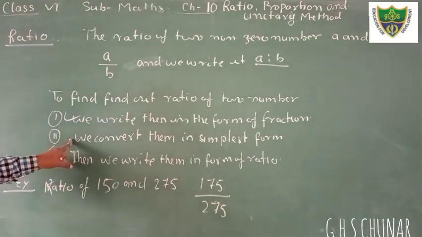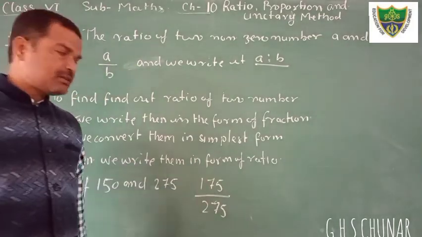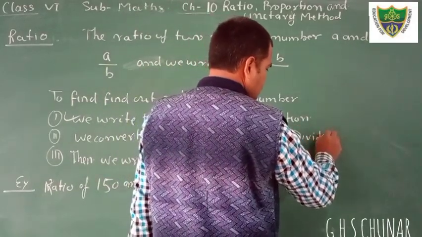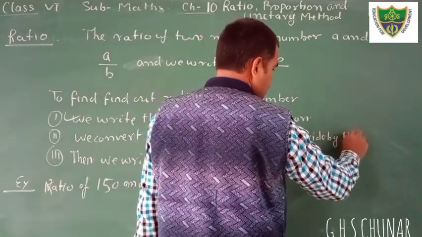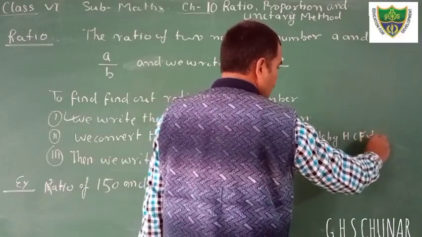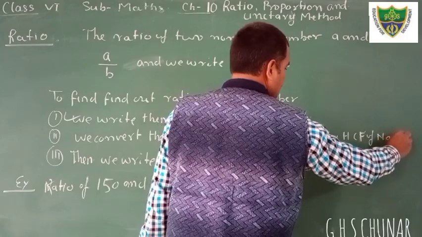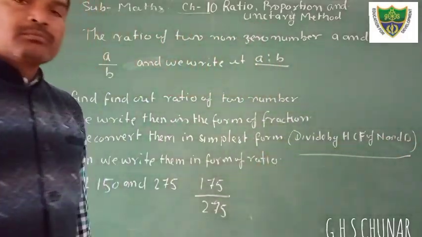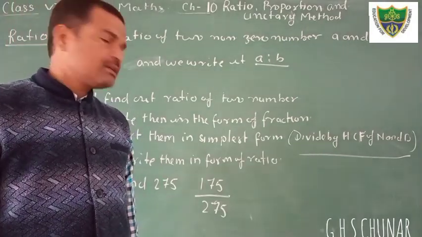Second, we convert it into the simplest form. To convert, we divide both numerator and denominator by the HCF.